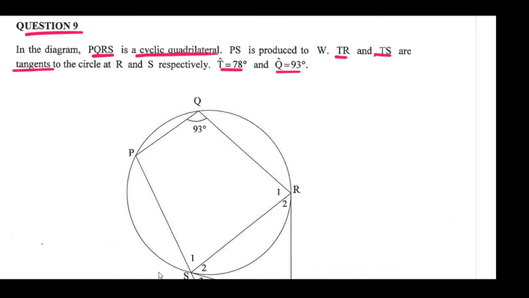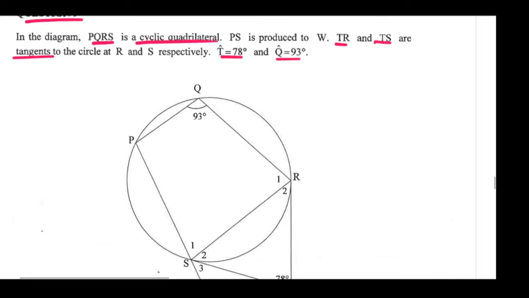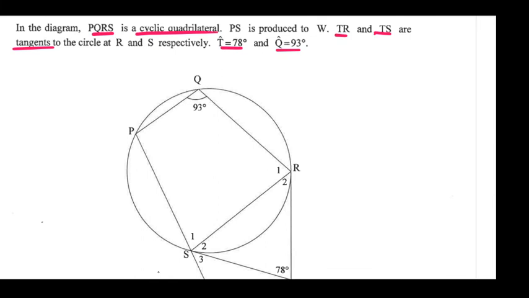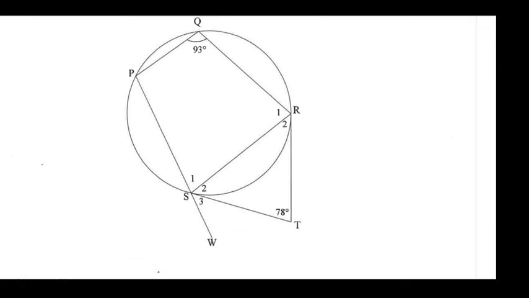The reason why I say you must underline the important points in the statement is sometimes what's written in the statement is not represented in the diagram, so you must make sure that you underline. But in this case, it seems like everything is there in the diagram. So we have our angles and we have our tangents.